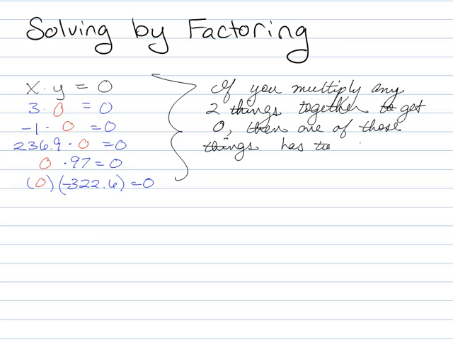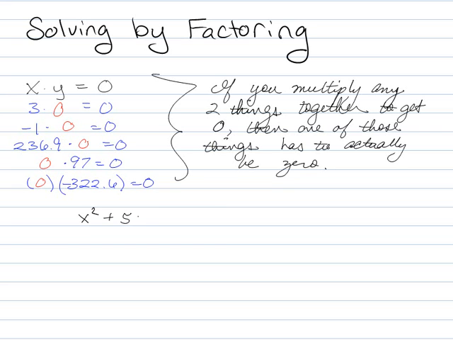Cool? This is sufficiently important that I wasted the last several seconds writing it out, because it's really important. If you multiply any two things together to get 0, then one of those things has to actually be 0.